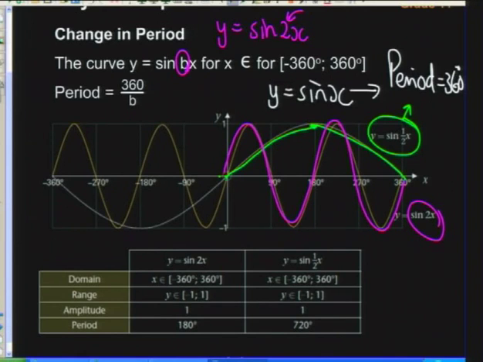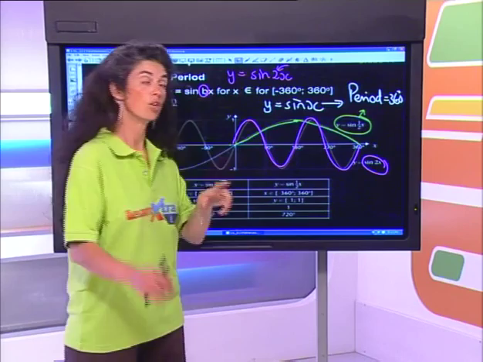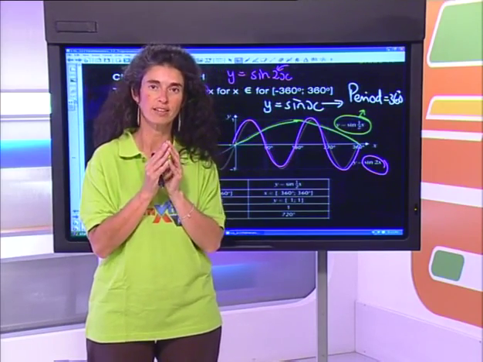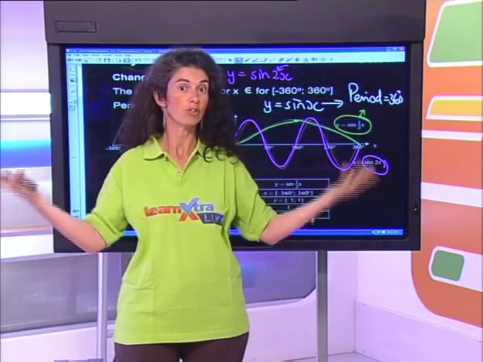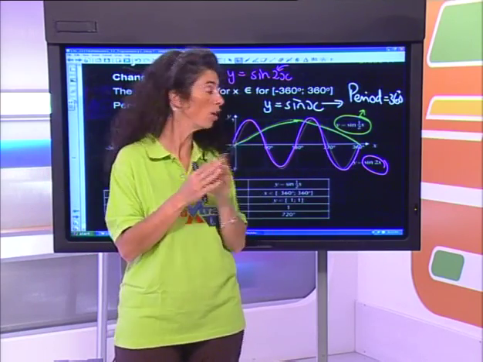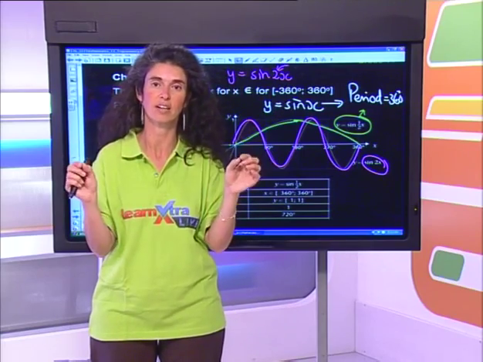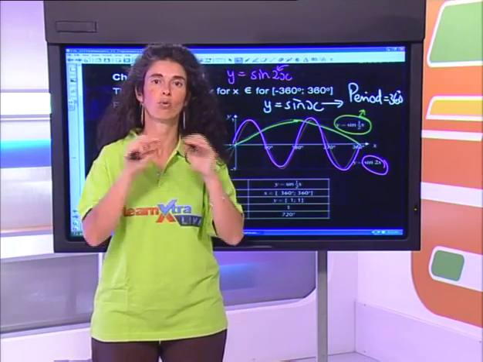So we take 360 degrees and we divide it by the coefficient of the angle to calculate what the graph's new period is. And we can see it very well drawn here. So understand, domain and period are 2 different things. Domain is how many degrees you want to sketch the graph over, whereas the period is how many degrees it takes to complete 1 cycle.